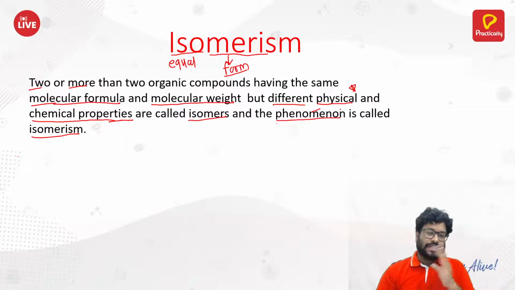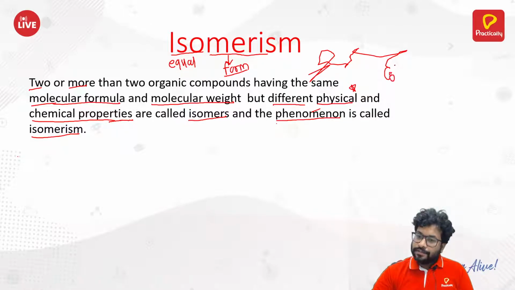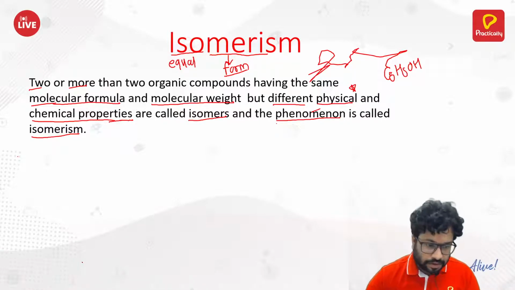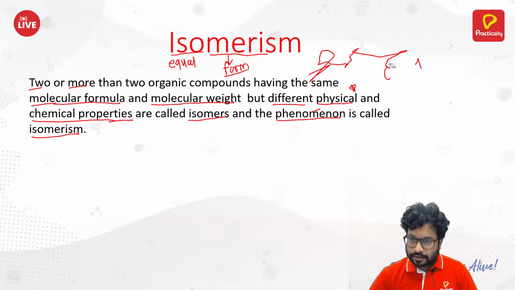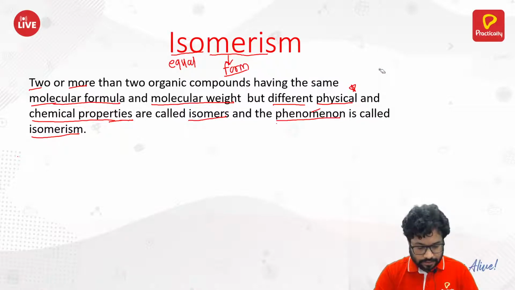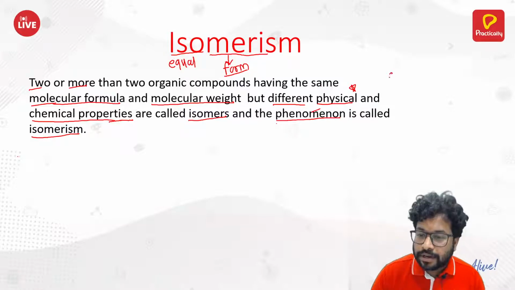I hope you have understood the definition really well. Let me give you a quick example of it. We're going to see it anyway, but I'll give you one example. C2H5OH.